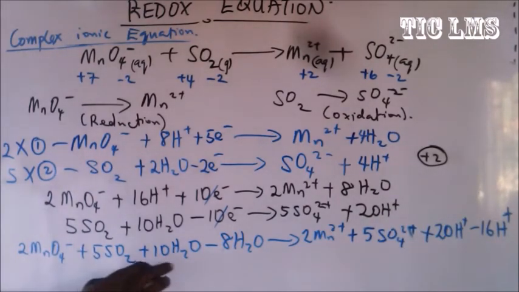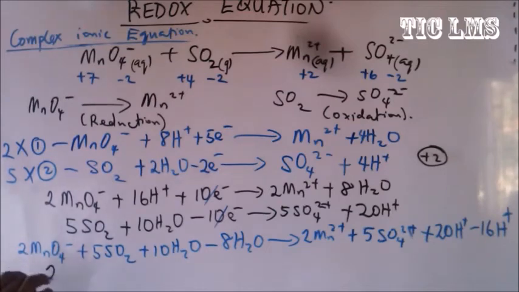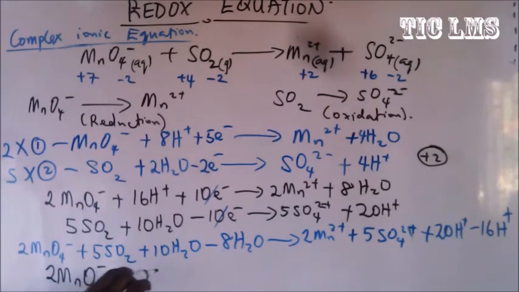Now, we have 10 molecules of water here, and here we have 8 molecules. So 10 minus 8, we are left with 2. The net reaction will be 2MnO4 minus plus 5SO2 plus 10 minus 8, because this is water and water, so they cancel. They will subtract.